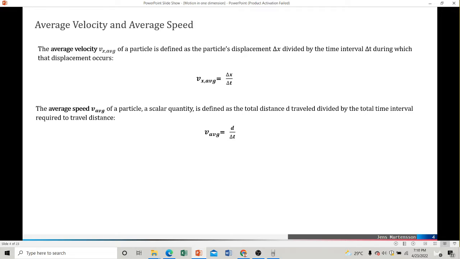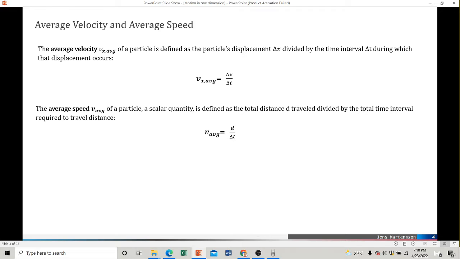Average velocity indicates direction, and it can be represented as a negative number when the displacement is in the negative direction. So its result is in terms of a negative number. Average speed does not indicate direction and can only be positive or zero.